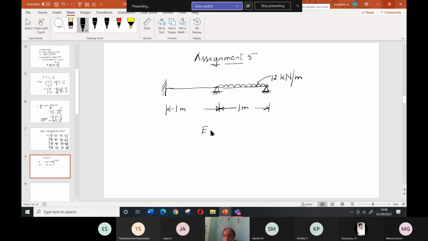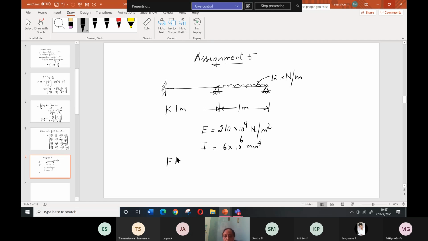E is equal to 210 into 10 power 9 square, and I is equal to 6, 7 power 4.